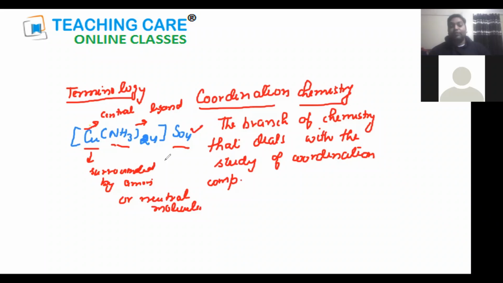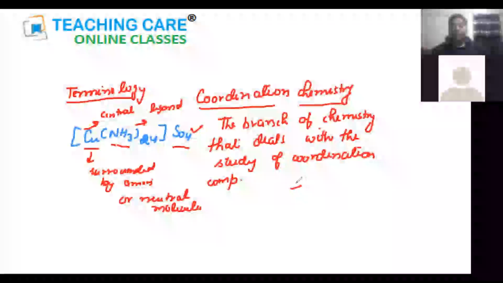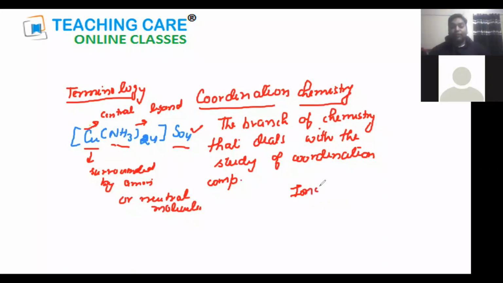So we have studied two types of compound. One is known as ionic compound. In ionic compounds, we have positive and negative charges. These are found between metals and non-metals. That is your ionic compound. Second, we have studied covalent compounds.